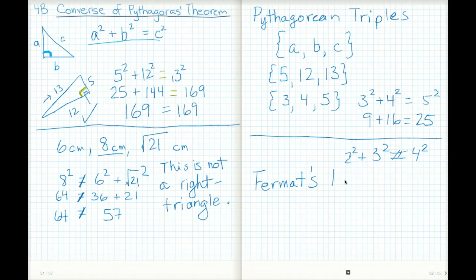And why was it called his last theorem? Well, Fermat was a very, very, very smart man who lived around the 1600s. And in fact, he came up with all kinds of math theorems that people around him didn't understand. And the problem was he was so smart, he just sometimes didn't write down how he got it, or maybe his works were lost, or we don't exactly know why.